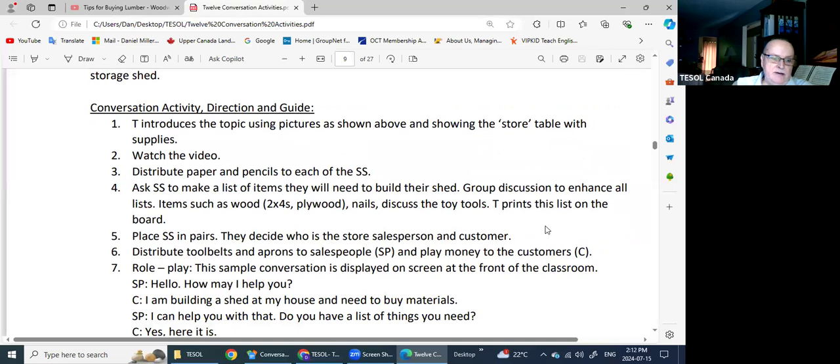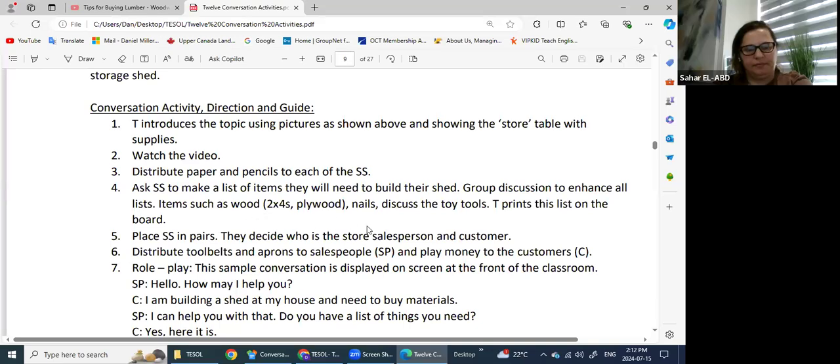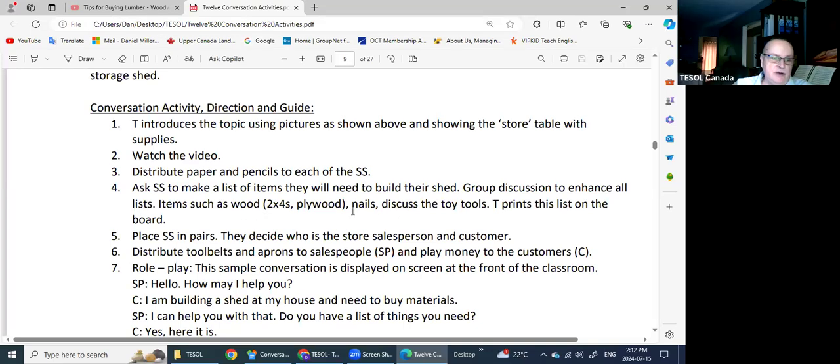So here we have a role playing again. I use different things to represent the plywood and 2x4s, nails, and the toy tools. We discussed the names of the toy tools.